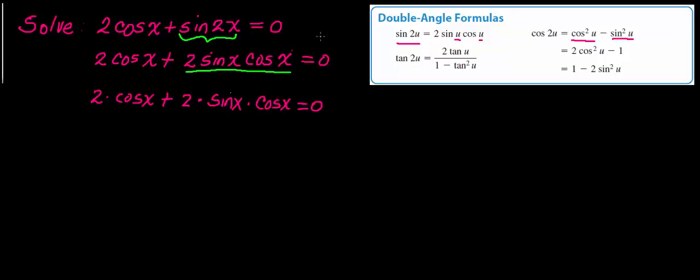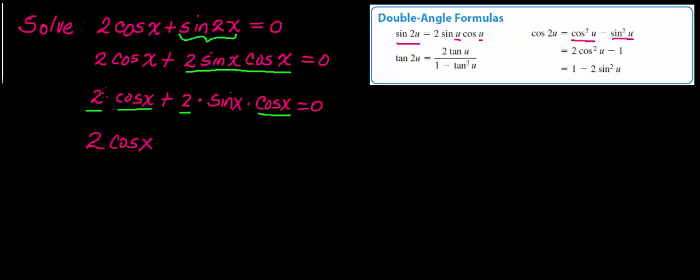I'm going to underline everything that these two terms share. So I have a 2 in this term and I have a 2 in this term. I also have a cosine x in this term and a cosine x in this term. Everything I underlined, that's what's going to come outside the parentheses. So 2 comes out and cosine x comes out.